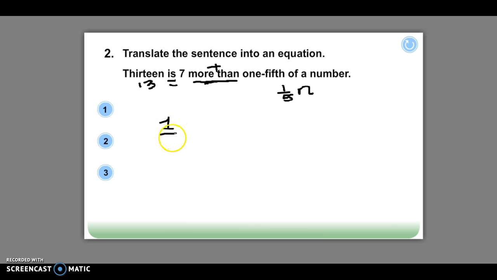So it becomes 1/5 of n plus 7, and then here we have is 13. This is how you translate that one. Again, be very careful with the words more than, fewer than, greater than. Anything with a than, you need to flip it around.